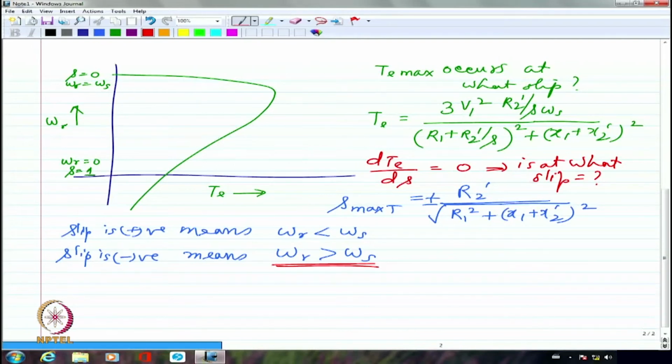For this to happen, I will have to have a condition where the machine will be driven by an external prime mover. If let us say I have a vehicle which is fitted with induction motor, and it is moving downhill, then definitely the gravity will make the speed go up unless I control it.